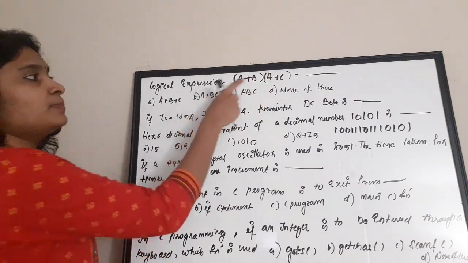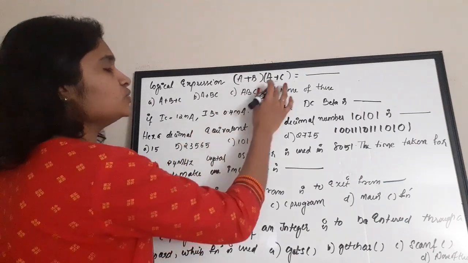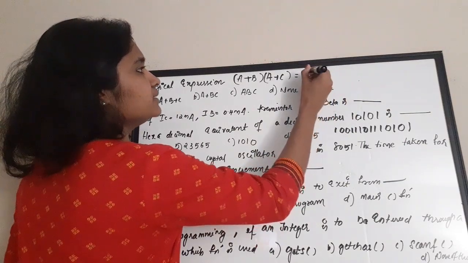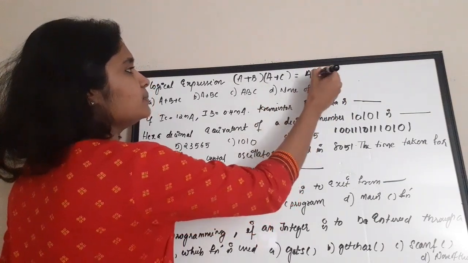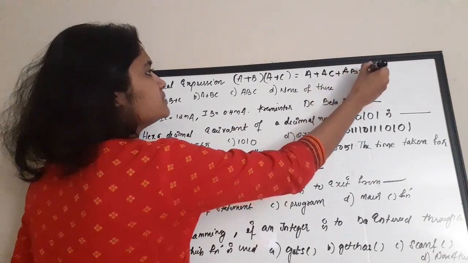The logical expression (a + b)(a + c), if you open this bracket, can be written as a into a is a, plus ac, plus ab, plus bc.